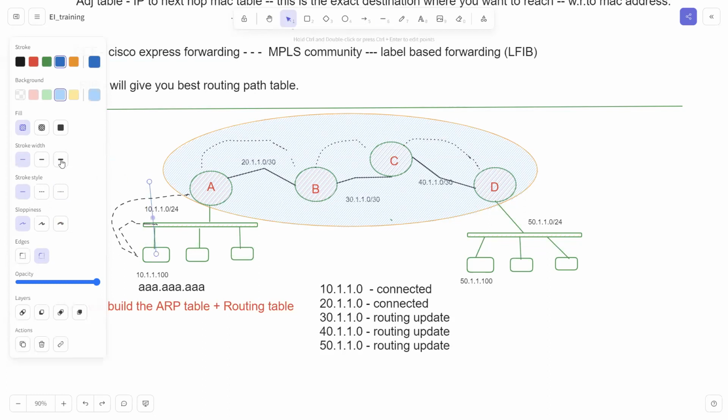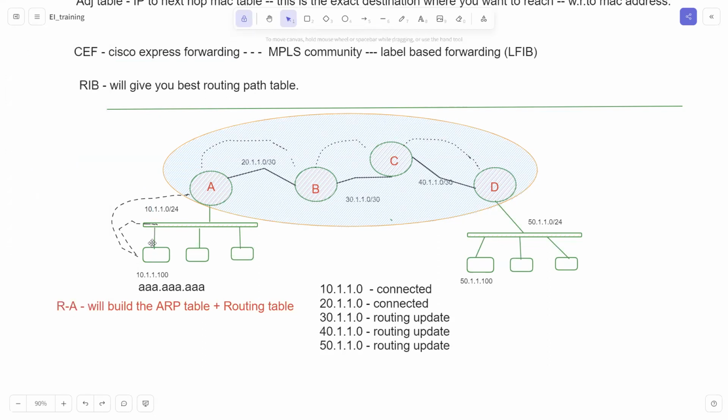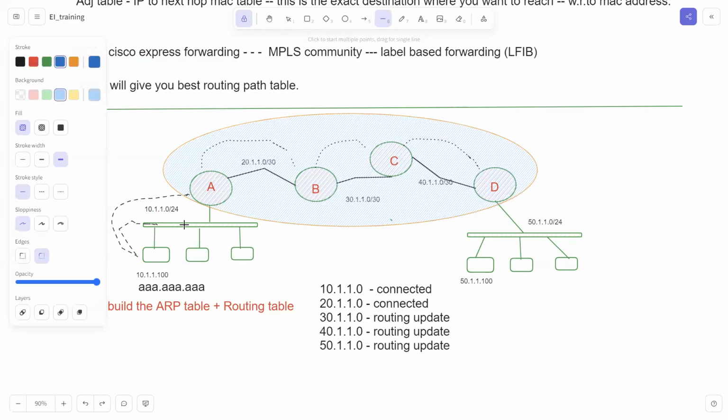Let me increase this depth. So the packet will originate from here, reach here, go here, go here, go here.